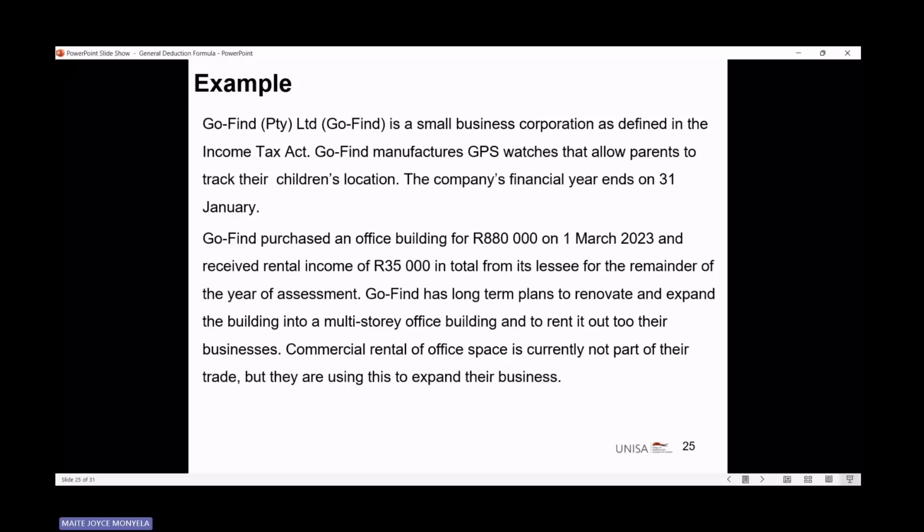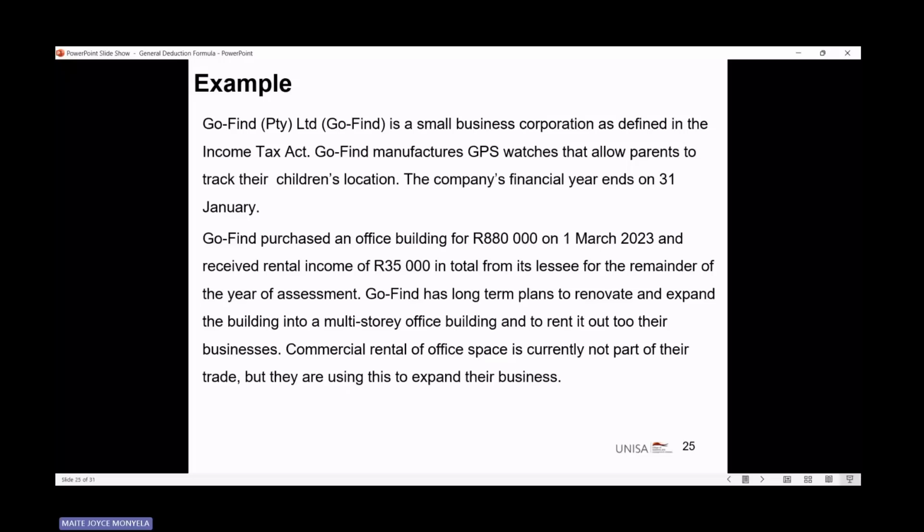So the first thing, they purchased an office building on the 1st of January 2023 for 880,000 and received a rental of 35,000 in total from the lease. They purchased the office building and received the rental income from the lessee for the remainder of the year of assessment.